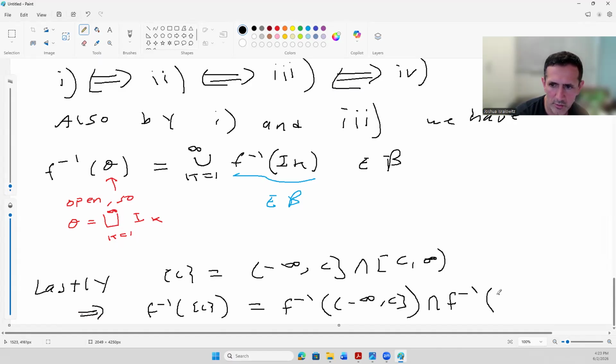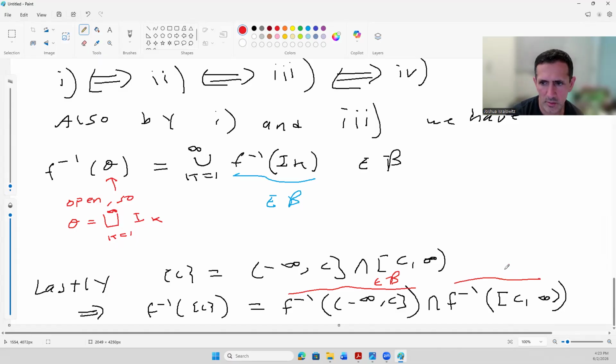I don't really need this for what I'm going to do, but still useful. Yeah, so each one of these is Borel, and that finishes it.